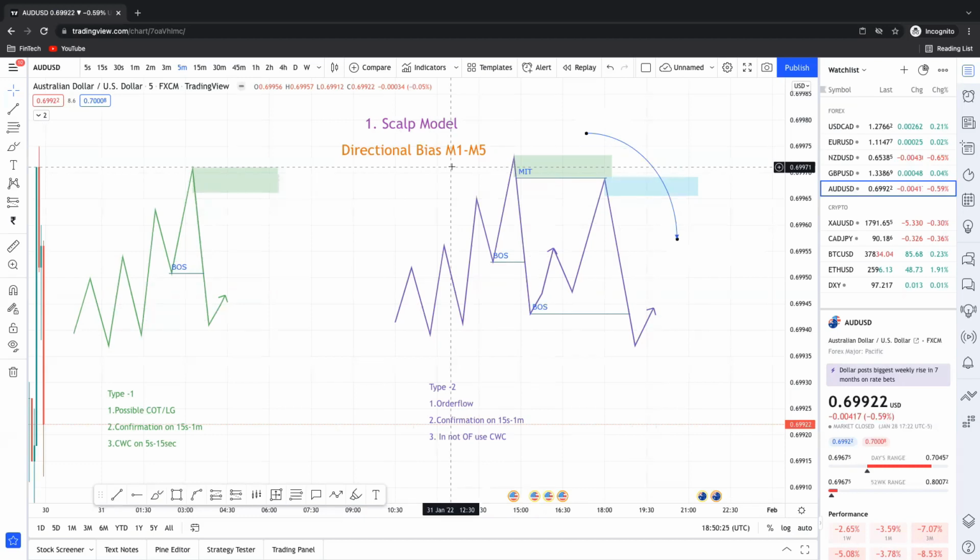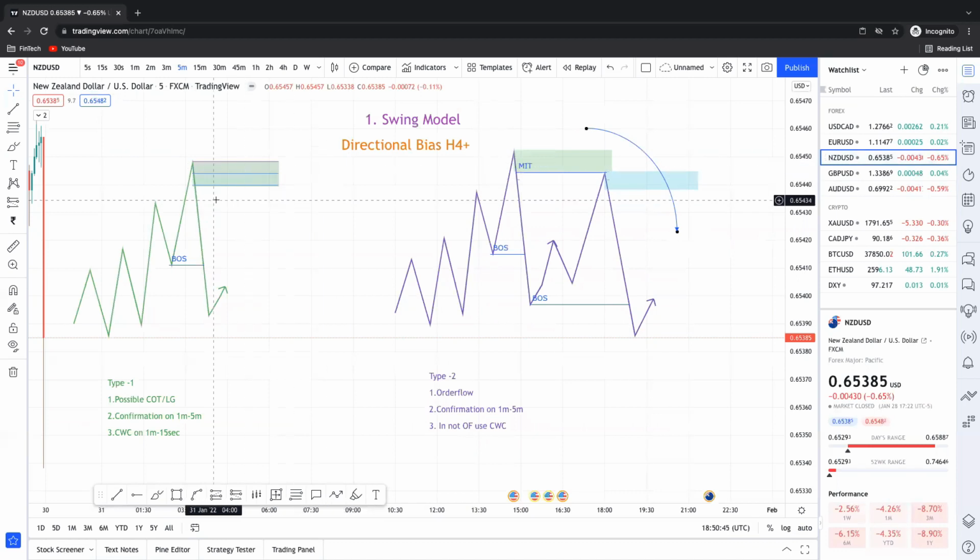Okay, so let's say, for example, why we do the weekly forecast is because we want to know where you are in the market, right? So for example, this is a 4-hour thing. Let's say it goes here, and you take a scalp here.